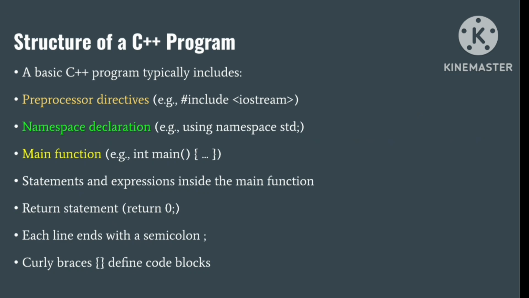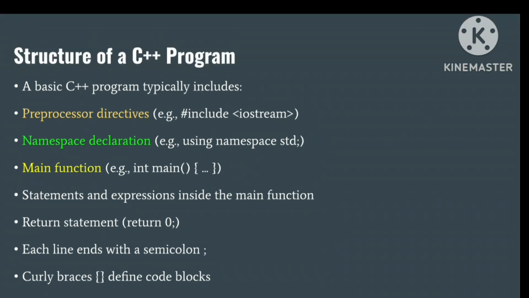Then comes the namespace declaration. We write using namespace std, which means we are using standard names such as cin for input and cout for output. These are the specific namespace built for C++ programs.